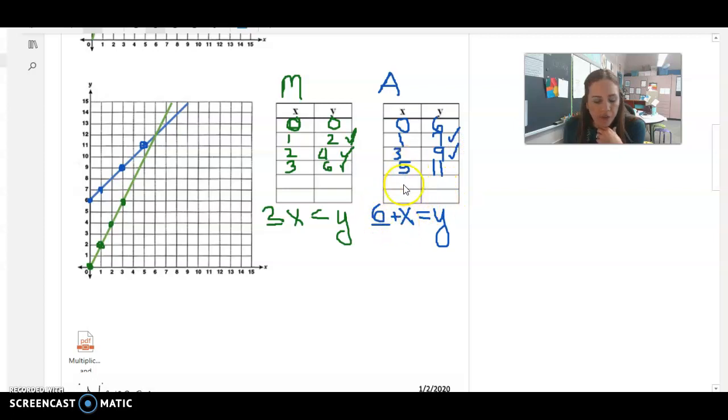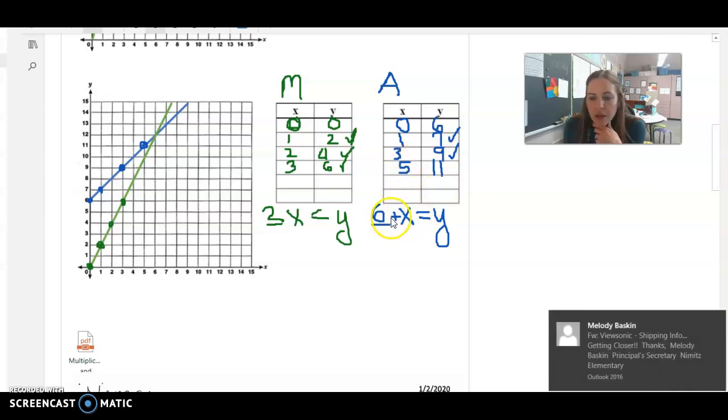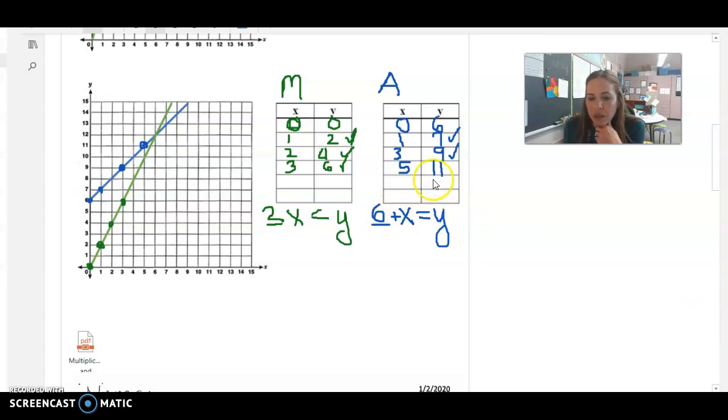And then let's do 5. 6 plus 5 equals 11, just like our table says. So it looks like our rule for this line is 6 plus x equals y, which is definitely an additive pattern, isn't it? Because we're adding.